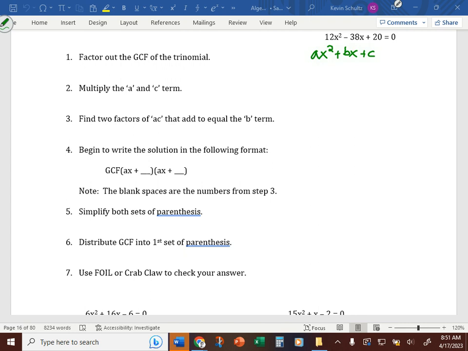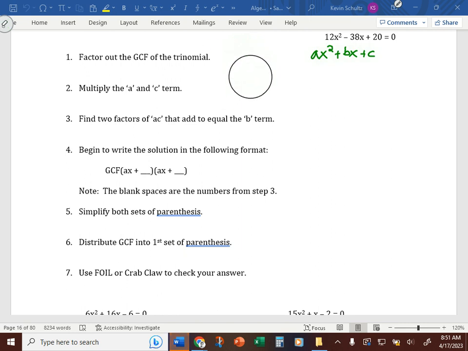So in here, our a would be 12, our b term is negative 38, and our c term is 20. So when you hear a, b, and c, that's what we're referring to.